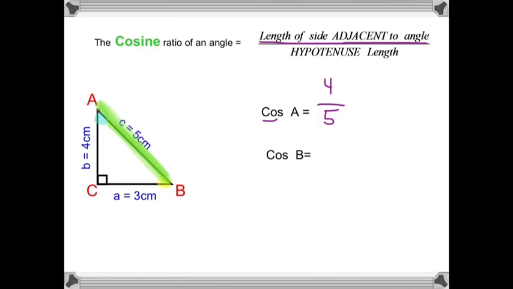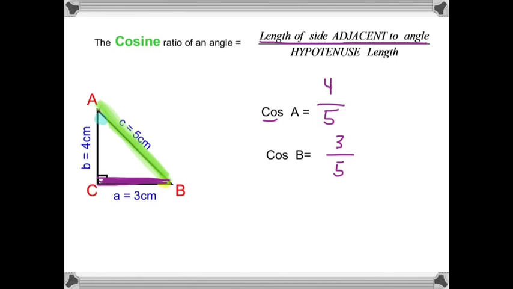If I switch my focus to B, the adjacent side to B is going to be this line segment BC. So the cosine of B is going to be 3 over 5.